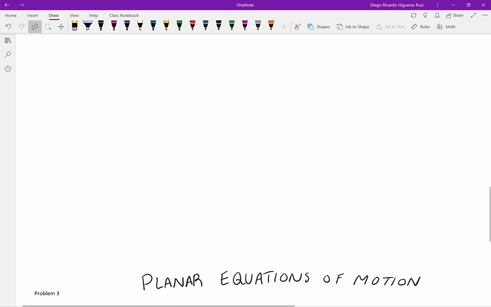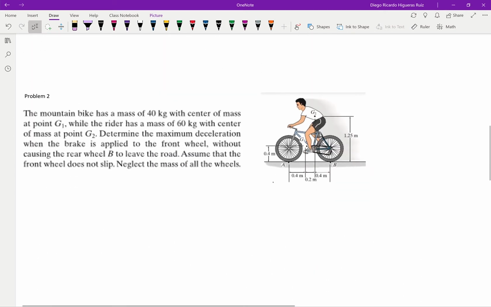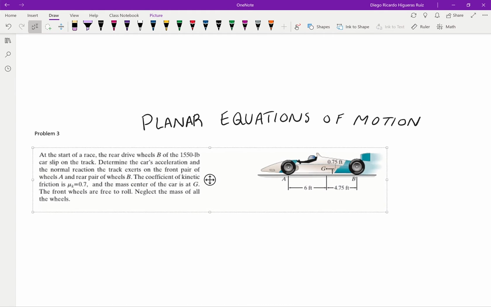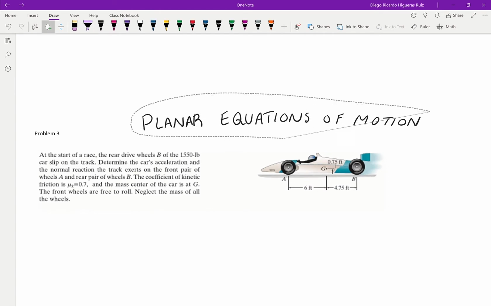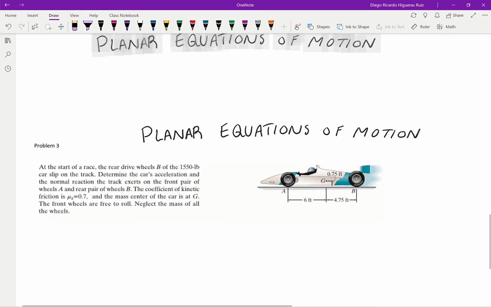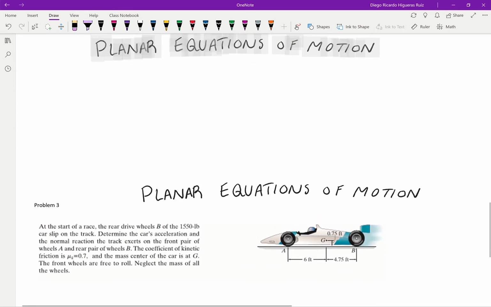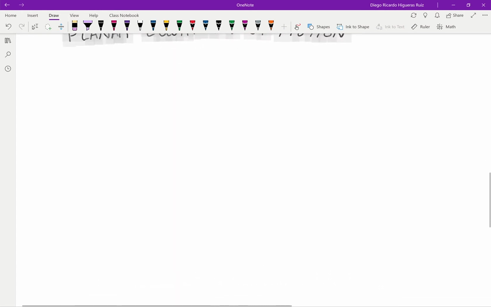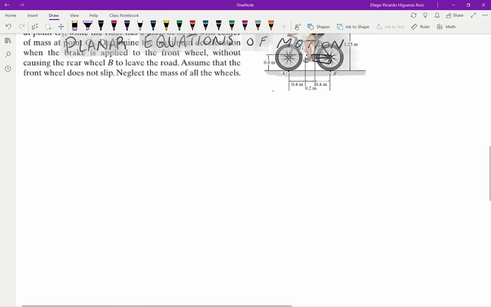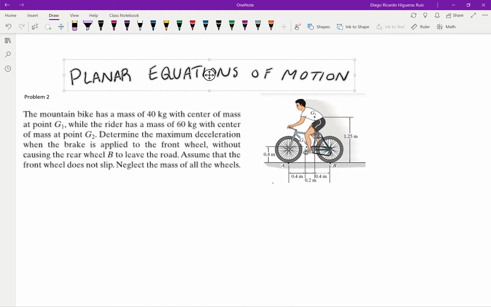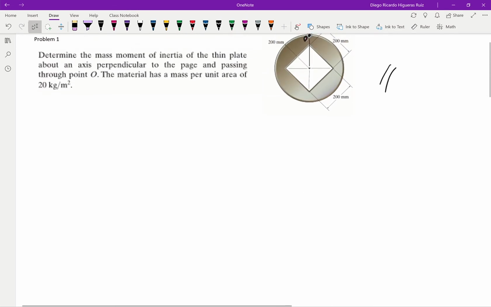Alright, let's start with this first problem.